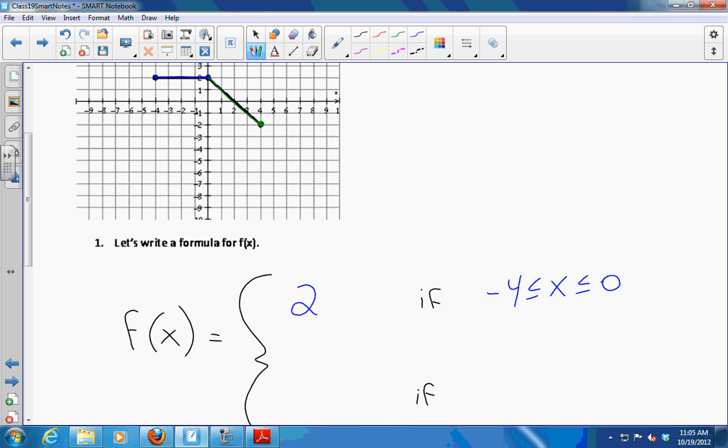Someone was thinking that it would be 0 less than or equal to x less than or equal to -4. The alligator always has to eat the larger thing. So if you wrote this, you've written that 0 is less than -4, which isn't true, right? Because the alligator is eating the -4. So you always go left to right, smallest to biggest.